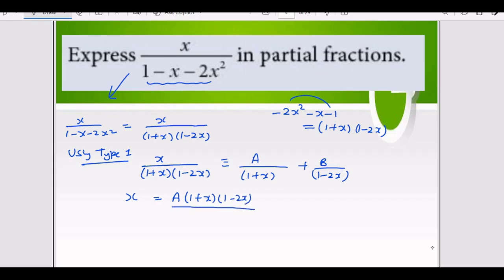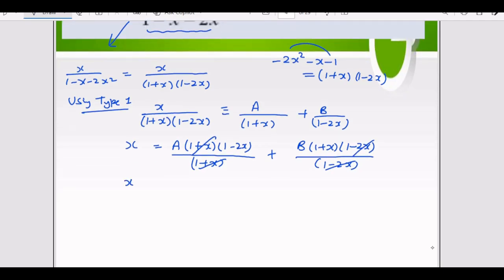So I am just writing here 1 plus x, so that you understand everything. B into 1 plus x, both the factors, (1 minus 2x) over (1 minus 2x), right. So this 1 plus x is gone, here 1 minus 2x is gone. So we are left with x is equivalent to A into (1 minus 2x) plus B into (1 plus x).